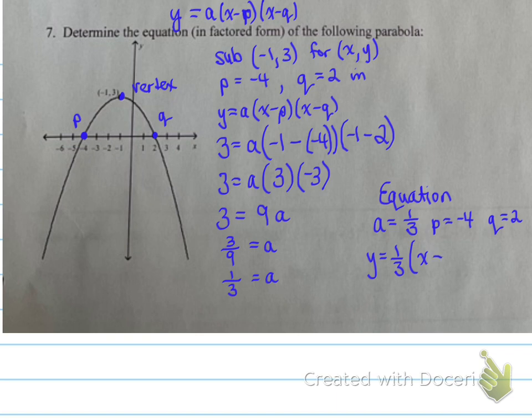So -4 becomes x plus 4. And then the other bracket will be x minus q, which is x minus 2. All right, we have y equals 1/3 x plus 4 times x minus 2. That represents the equation of this parabola. Okay, moving on.